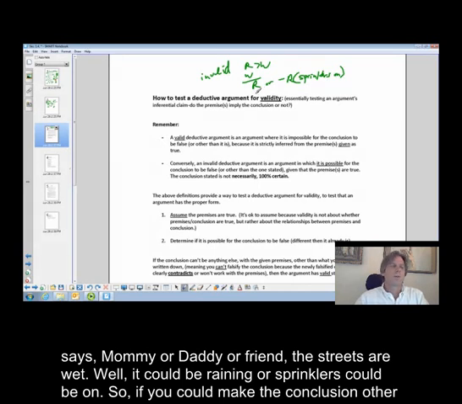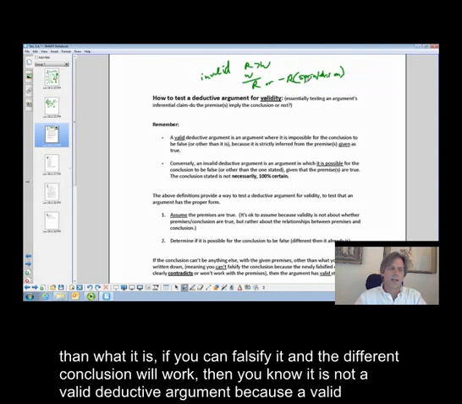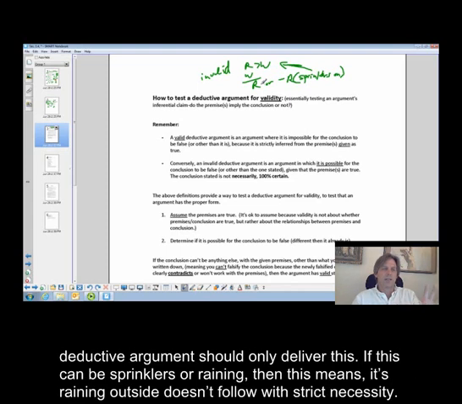So if you can make the conclusion other than what it is, if you can falsify it, and the different conclusion will work, then you know it's not a valid deductive argument, because a valid deductive argument should only deliver this. If this can be sprinklers or raining, then this means it's raining outside doesn't follow with strict necessity.